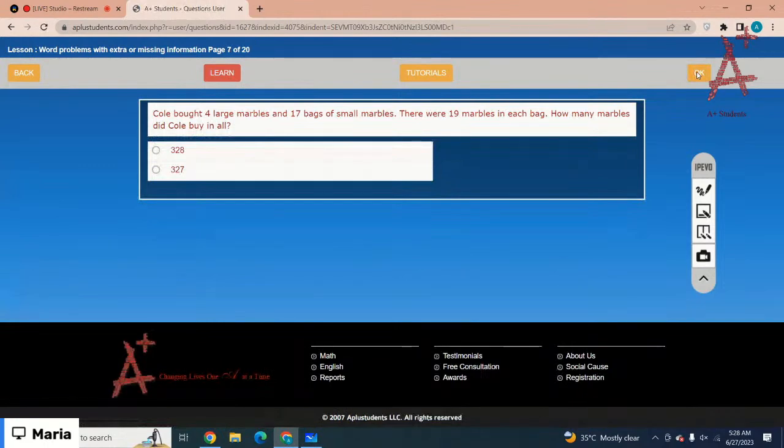Cole bought 4 large marbles and 17 bags of small marbles. There were 19 marbles in each bag. How many marbles did Cole buy in all? So 4 large marbles and 17 small. So 17 plus 4 makes 21.